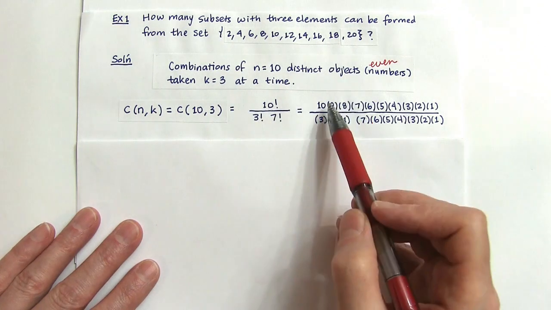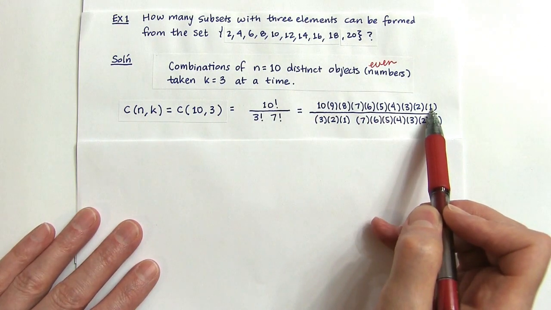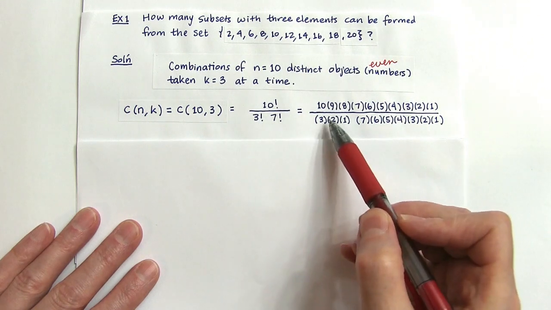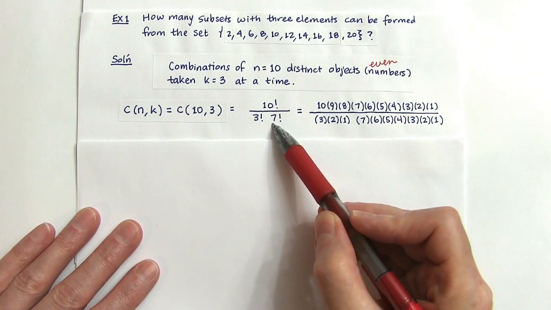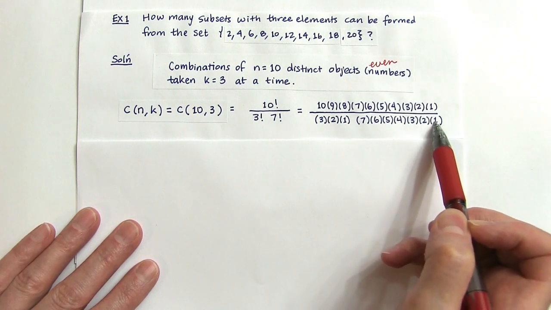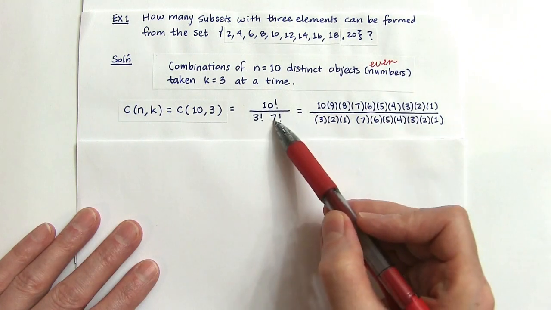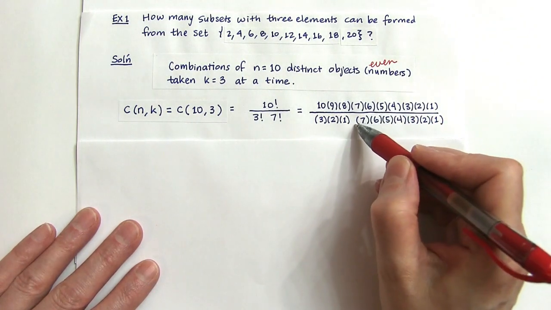10 factorial is 10 times 9 times 8 all the way down to 1 in the numerator. 3 factorial is 3 times 2 times 1, and 7 factorial is 7 times 6 times 5 times 4 times 3 times 2 times 1, and a lot of cancellation going on here. So I picked the biggest number to do the cancellation.